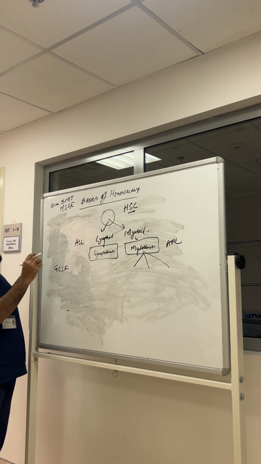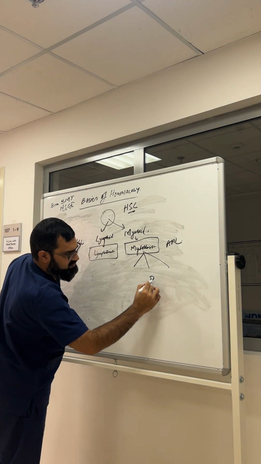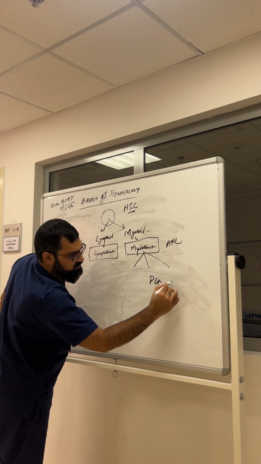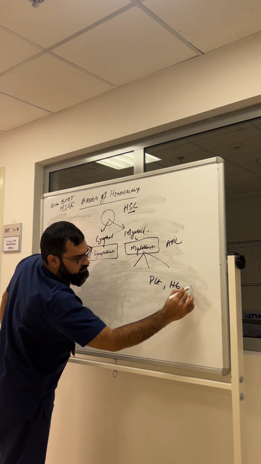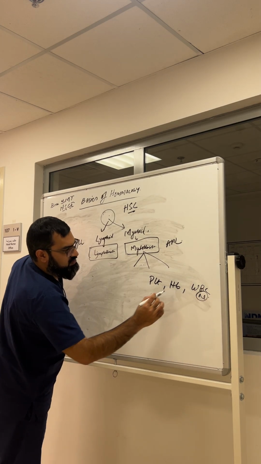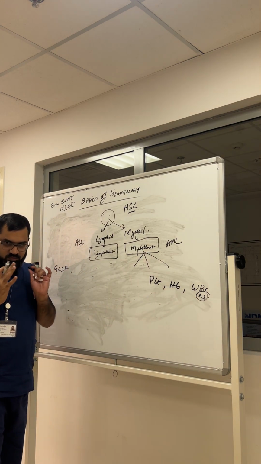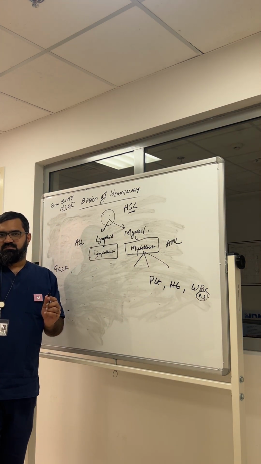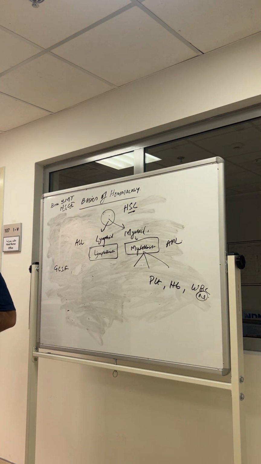So always remember, for your platelets, for your hemoglobin, and for your WBCs, basically neutrophils, in your body there are some growth factors. Normally, there are some proteins, some hormones that will push your body to make more hemoglobin, more WBC, more platelets.